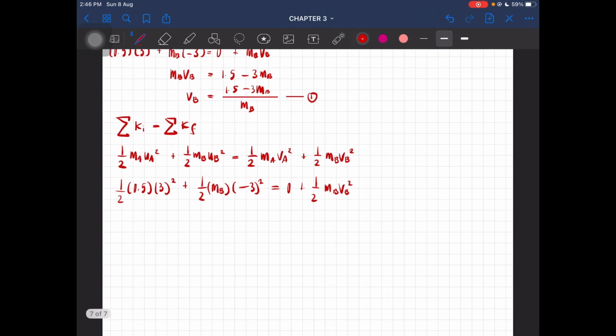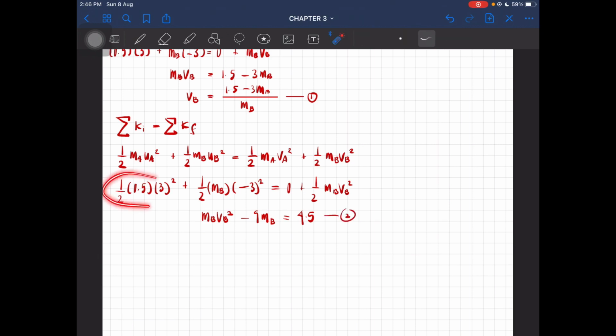Okay, and then simplify everything. You'll then get MBVB squared minus 9MB equal to 4.5. Okay, so this is your second equation.